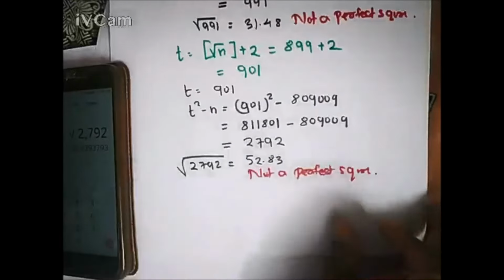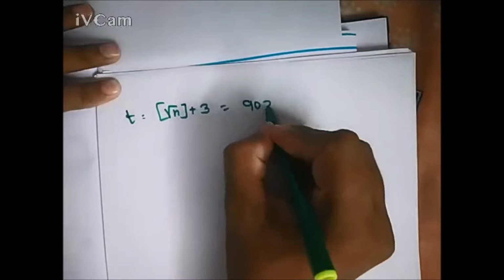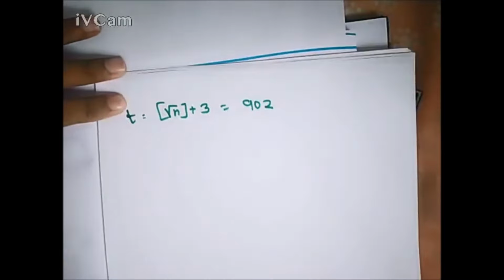In the next step, we take t equal to this much plus 3, that is simply 902.